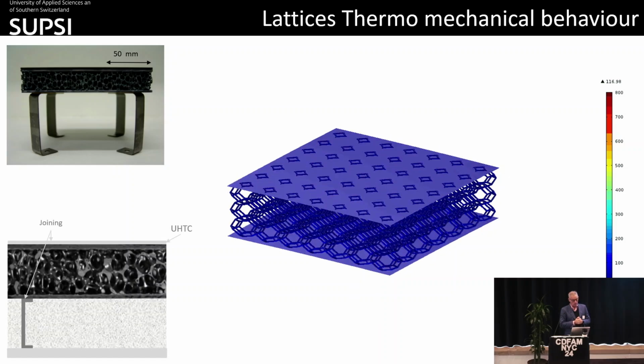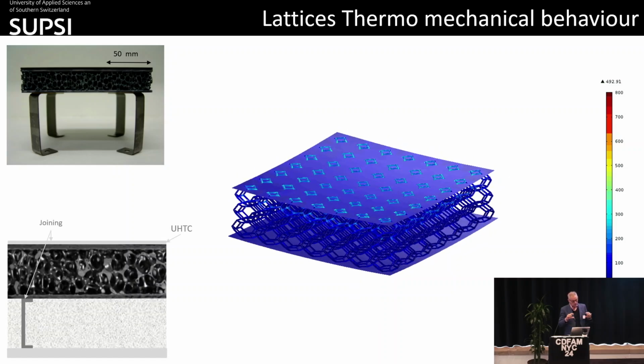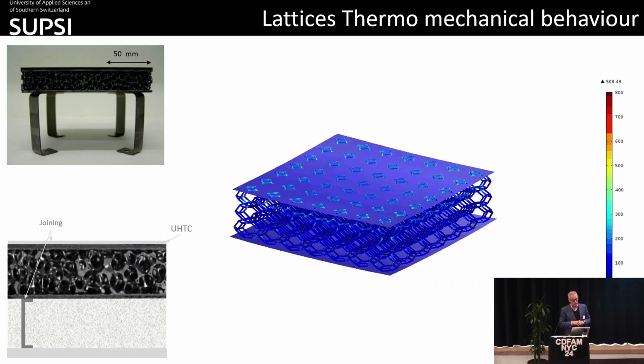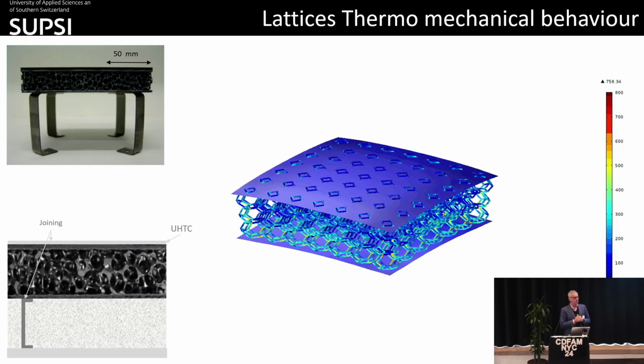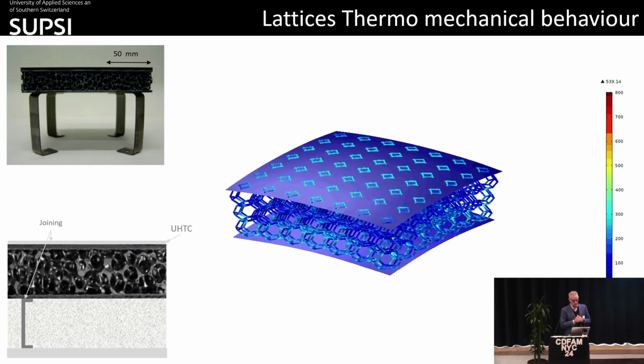In this case, this is a European project for a sandwich structure for re-entry vehicles, and we were simulating how this structure bumps up when it's heated on one side and cold on the other.